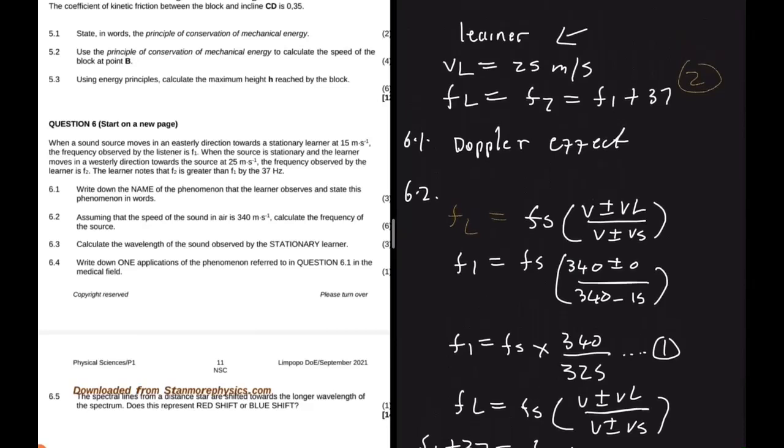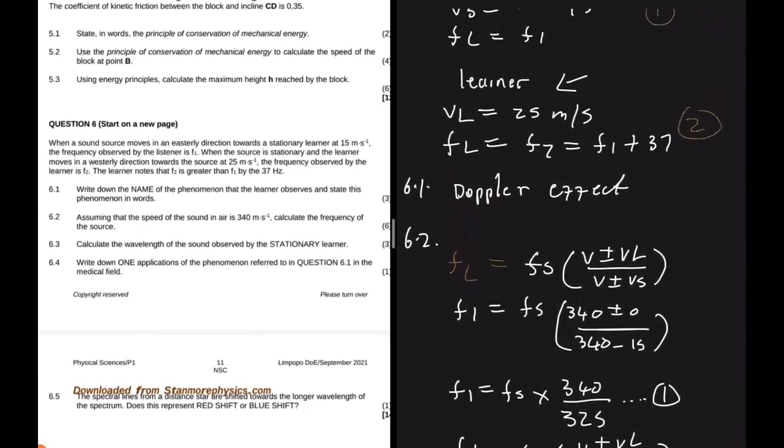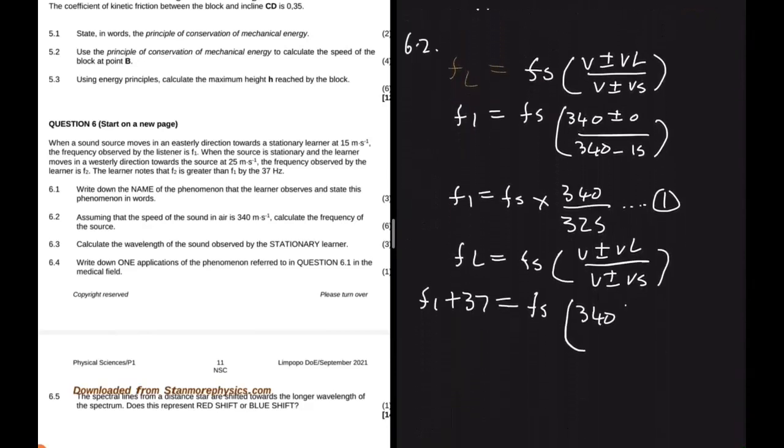So what is the velocity of the listener? The velocity of the listener is said to be 25 meters per second, so we're going to have plus 25 meters per second divided by 340 minus or plus 0, because the sound source is now stationary.